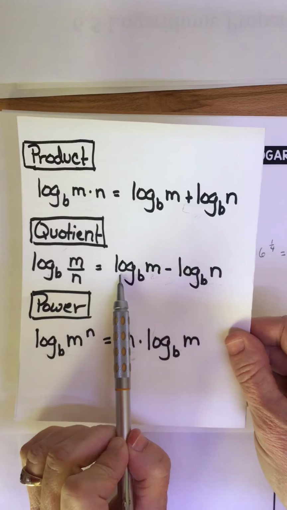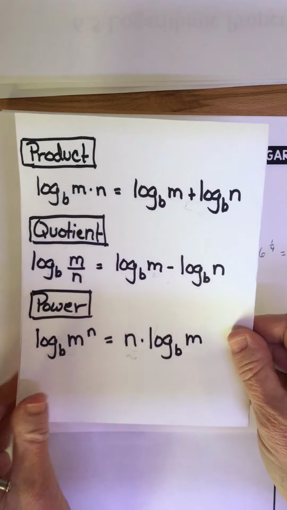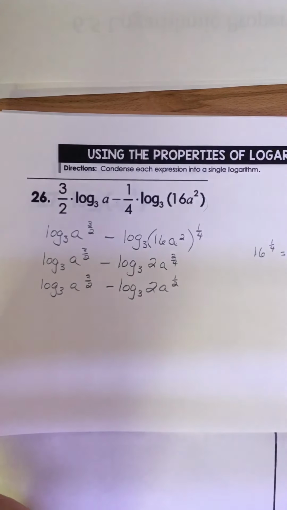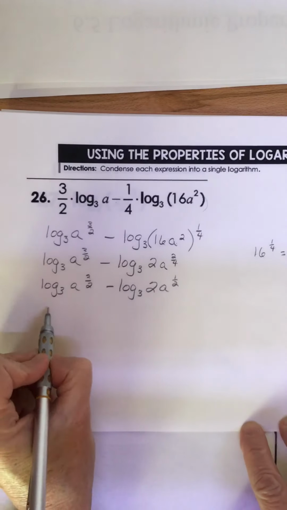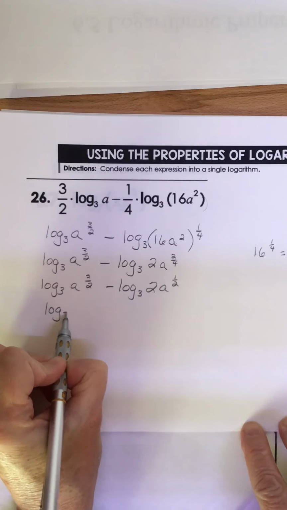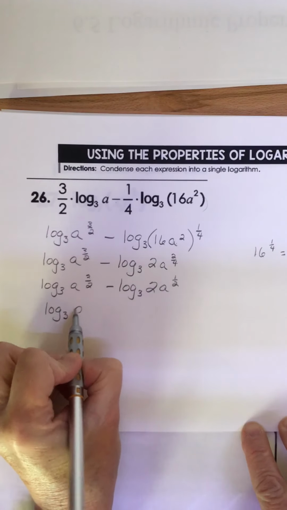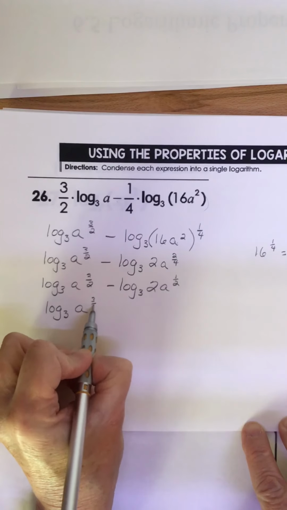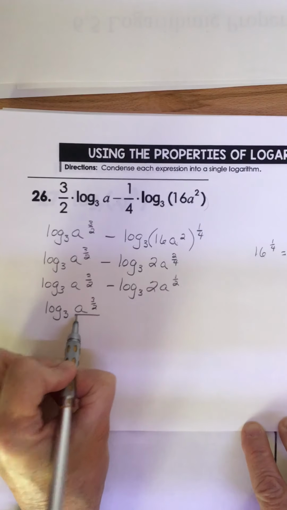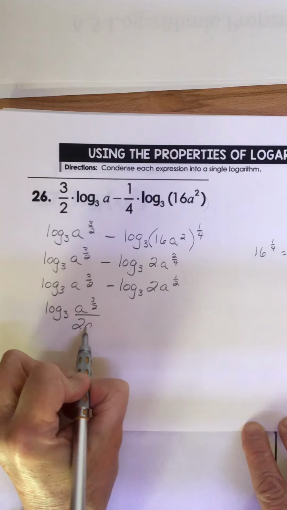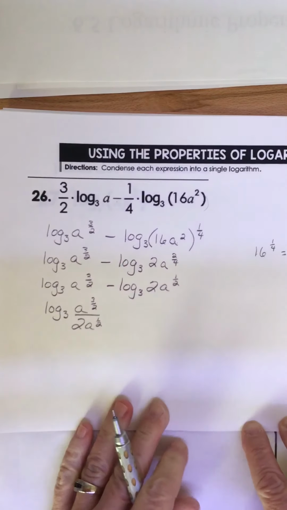So this is the expanded form going down to the condensed form. So then we would have log base 3 of a to the power of 3 over 2 over 2a to the 1/2 power.